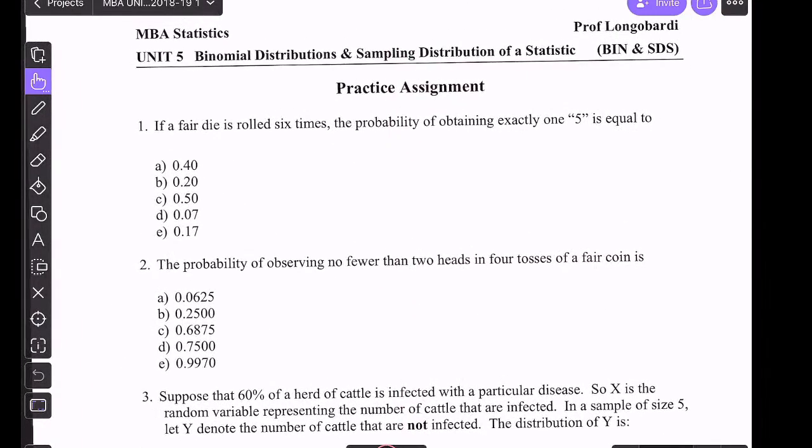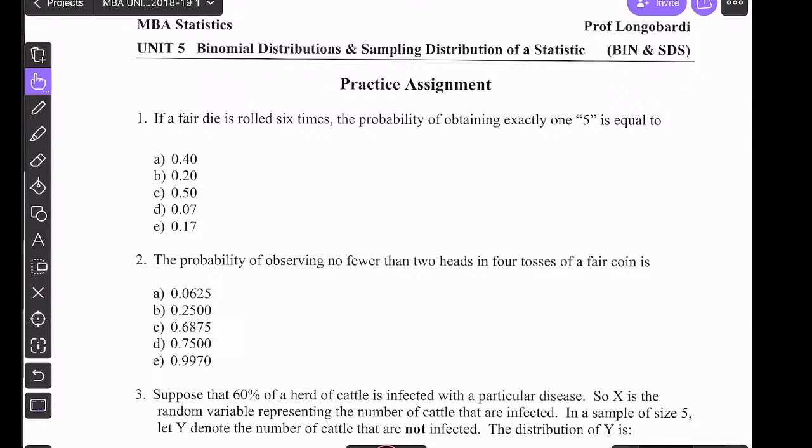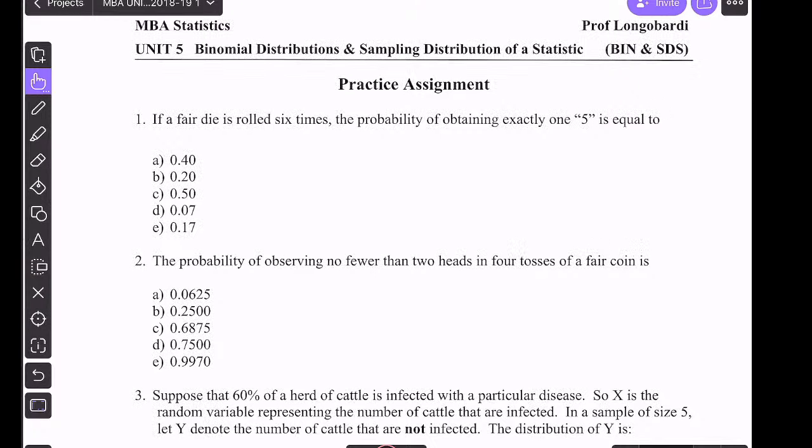So let's try this. And the way you're going to do this is, for each problem, identify X, N, P, K, just like we did in the first quiz exercise together.